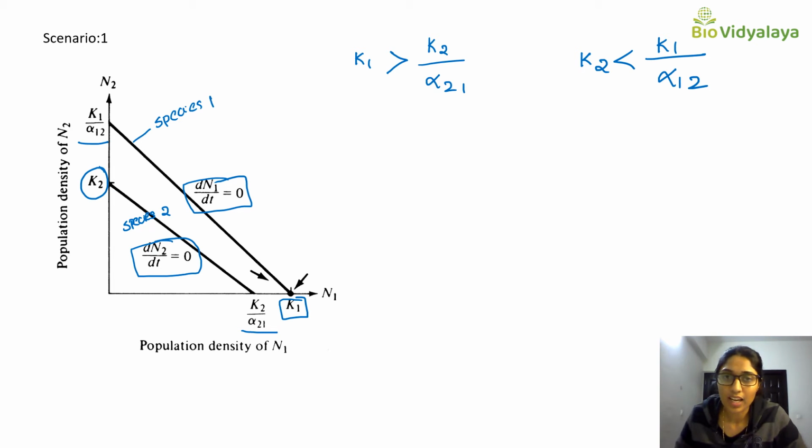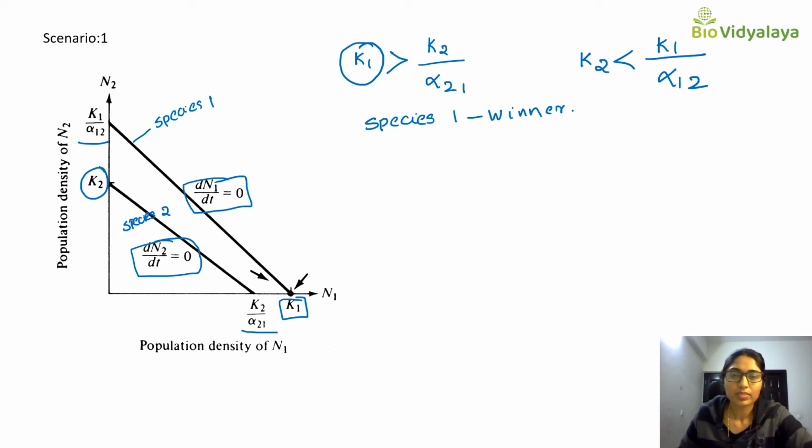So we can say that species 1 is the winner because its carrying capacity is greater than the carrying capacity of species 2 divided by the competition coefficient. And we can rearrange this also: K1 alpha 21 greater than K2.